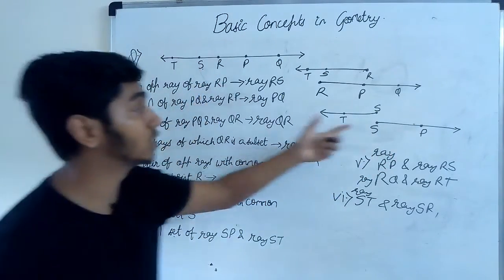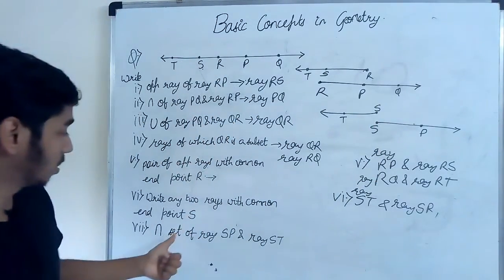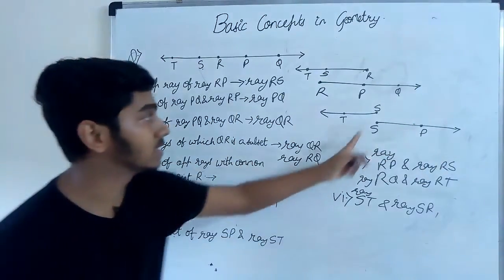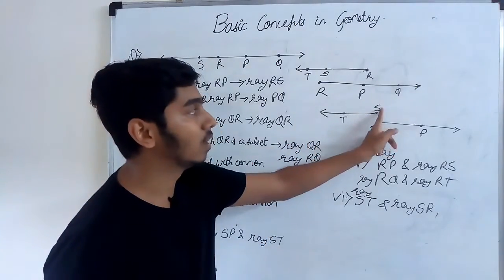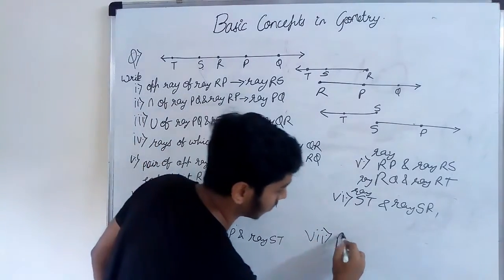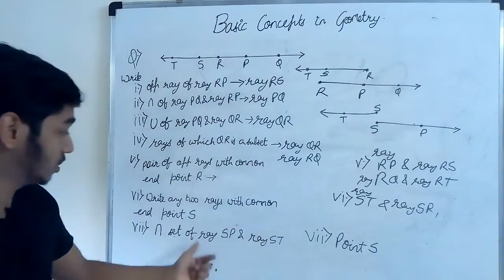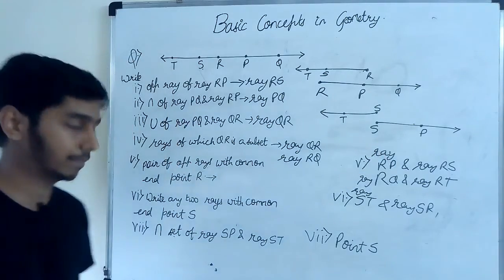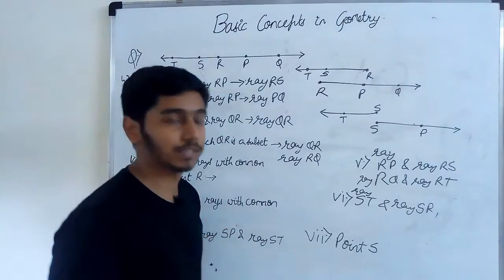I mean, there is nothing common in terms of a ray or a segment. So what can we say? The intersection set of ray SP, which is this, and ray ST, which is this, the common thing is only point S. So we can say for this, point S, because S is the only thing which is common for these two rays, SP and ST. Okay. So I hope you have understood this question.